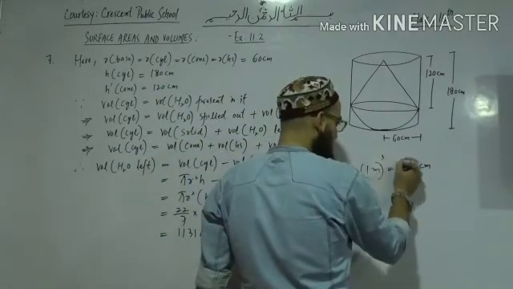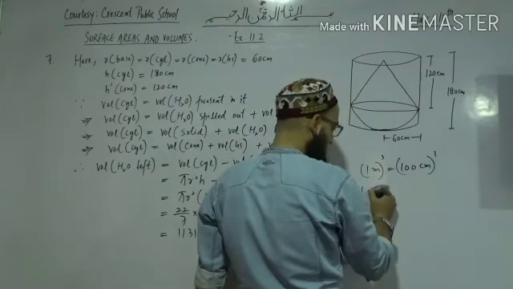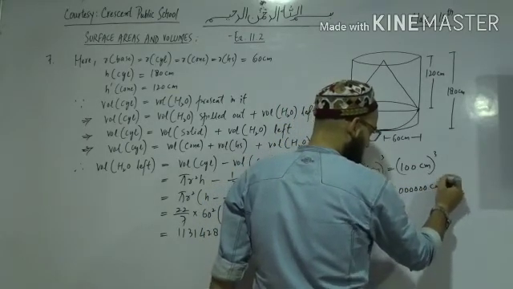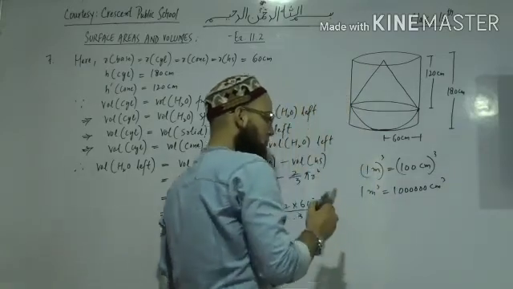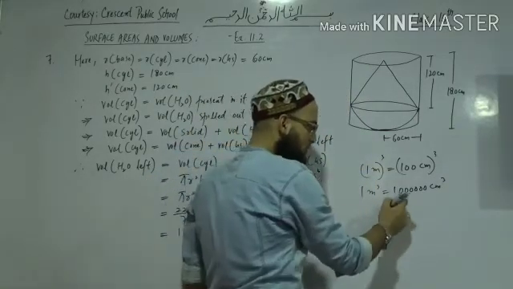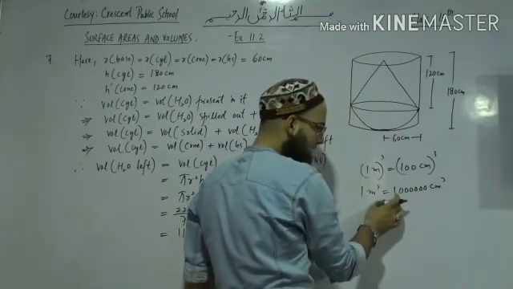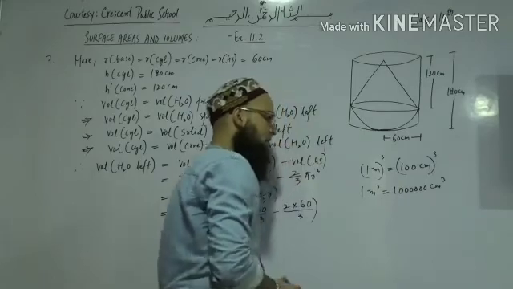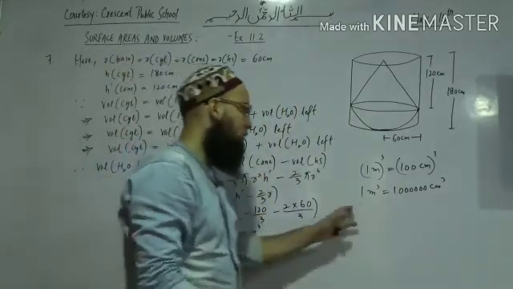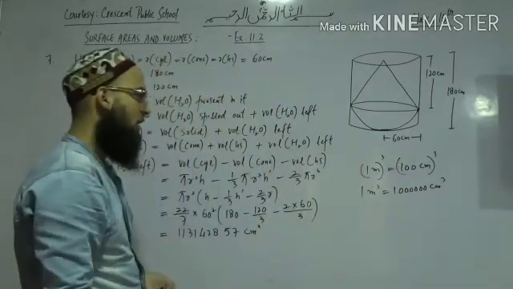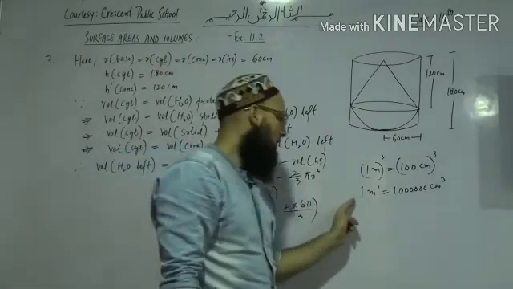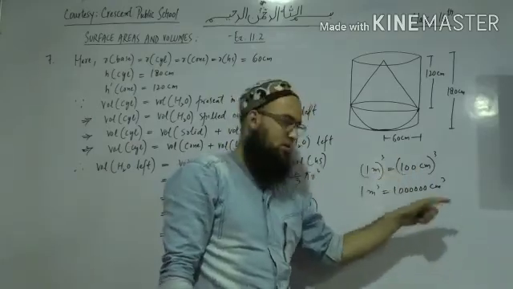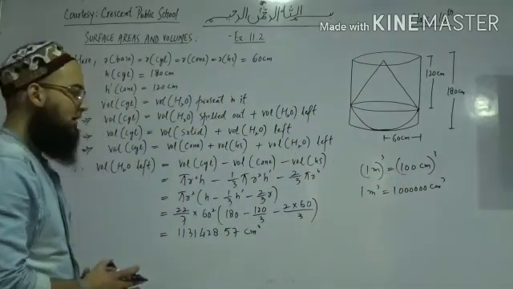Now cubing both sides, 1 cubic meter is equal to 10 lakh cubic centimeter, or 1 million cubic centimeters. That means 1 cubic centimeter is equal to 1 by 1 million cubic meters.